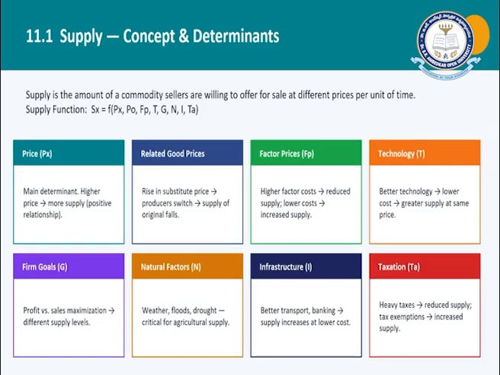All these are the key factors for increasing the supply. So as students, we need to remember all these factors, as they cause significant change in the overall supply. Okay, thank you.